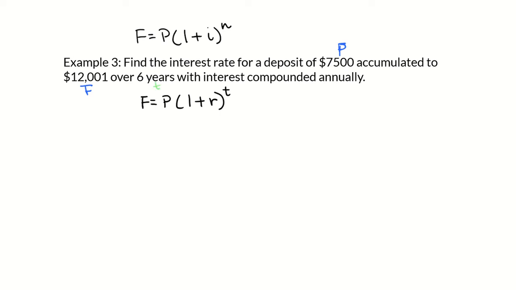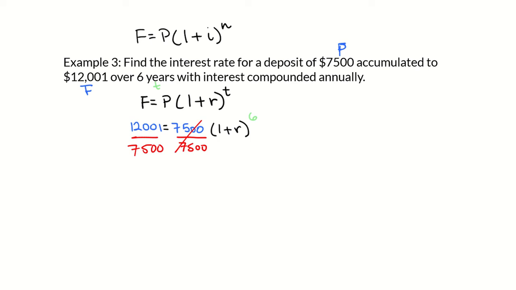Plugging in that information, we get 12,001 equals the principal amount, 7,500, multiplied by (1 plus R) to the T, which is 6. And now we solve this equation for R. To solve for R, we first divide by 7,500 on both sides.